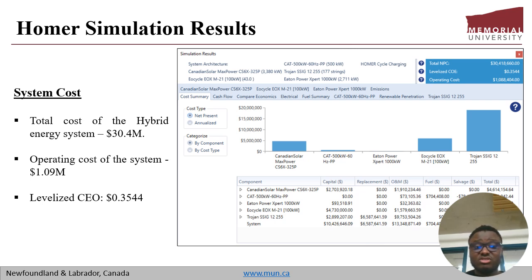And then the levelized cost is about $0.3544, which is how much per kilowatt this hybrid system costs, and I think that is actually a good design system. So I'll leave this to my next colleague, Raymond, to talk to us about the simulation and modeling in Simulink. Thank you.